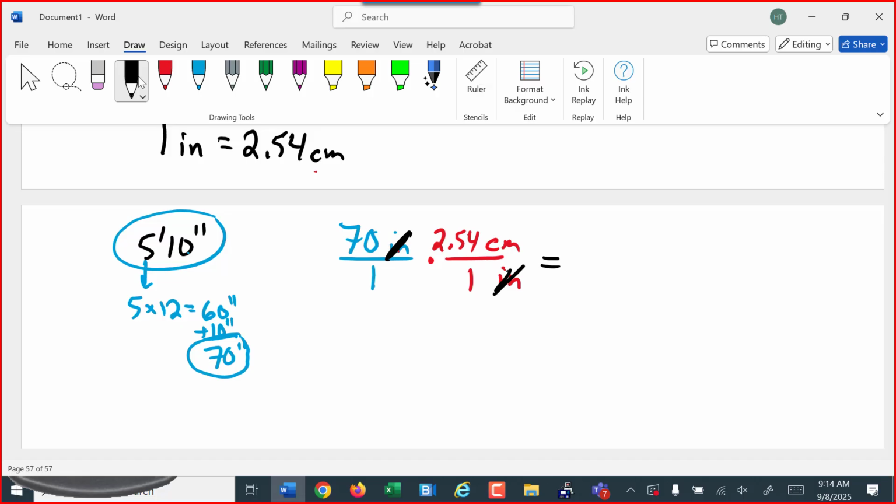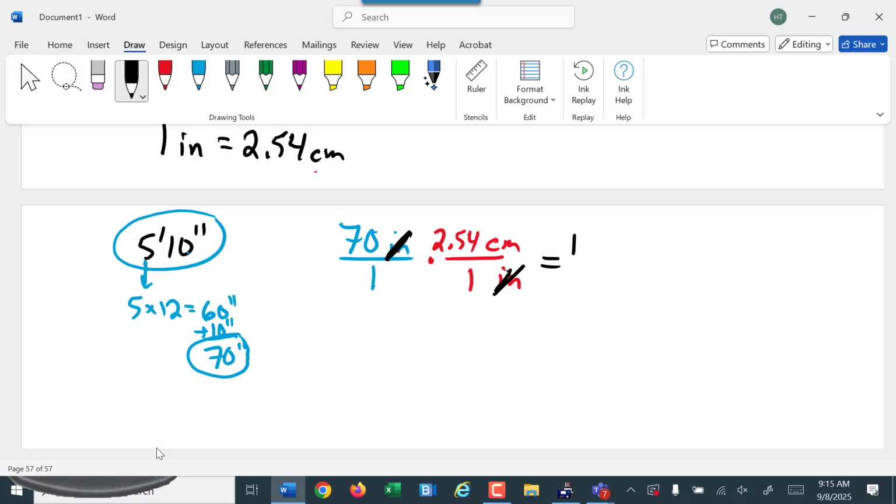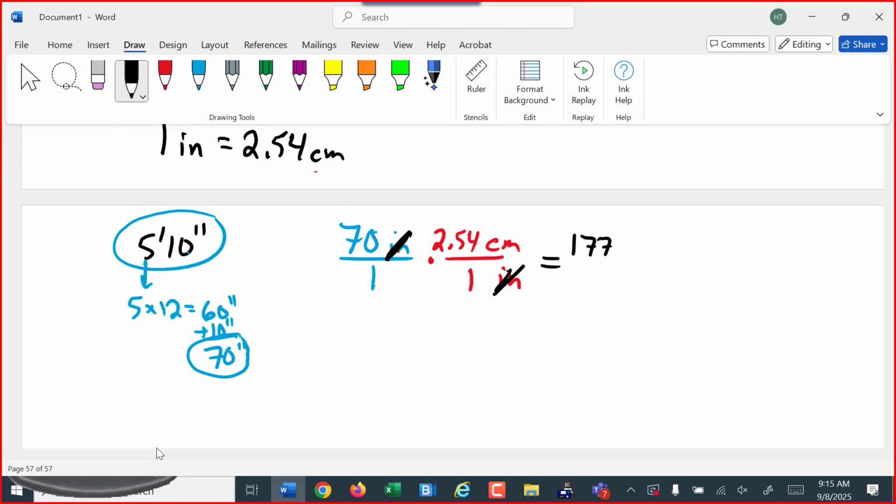The inches cross cancel out, and on top we have 70 times 2.54. Give us 177.8 centimeters. And on bottom, 1 times 1 is just 1, so that doesn't change anything. So that patient that's 5'10" is 177.8 centimeters tall.